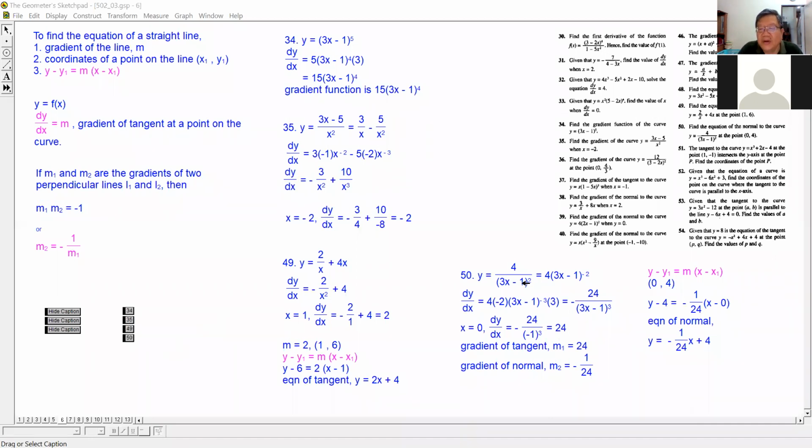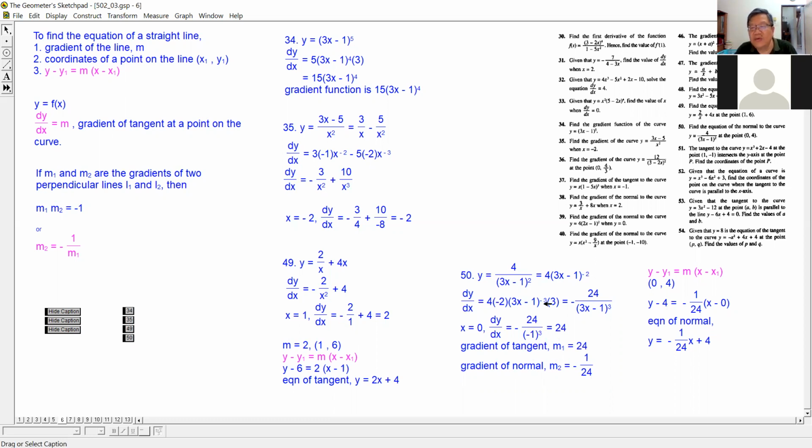You differentiate. When you look at the equation of the curve, although it is a quotient of two functions, the function at the top is a number, so you don't have to use the quotient rule. You express this in the form of a composite function and differentiate.